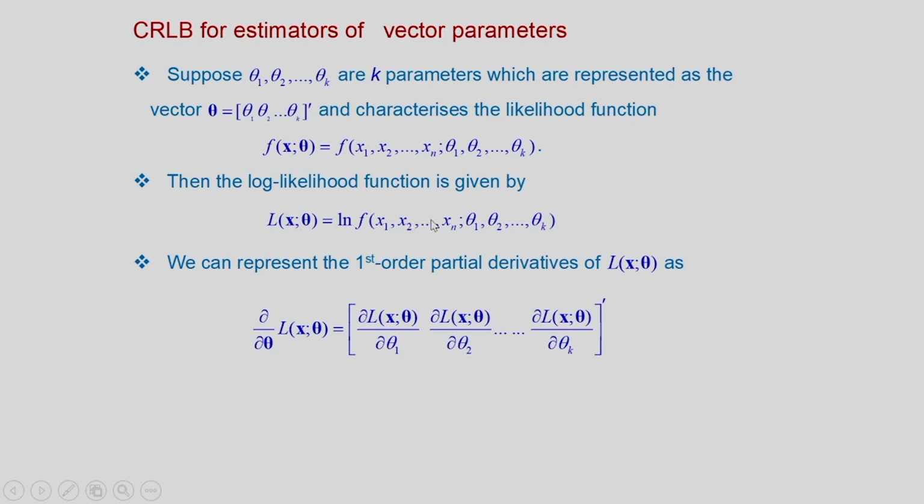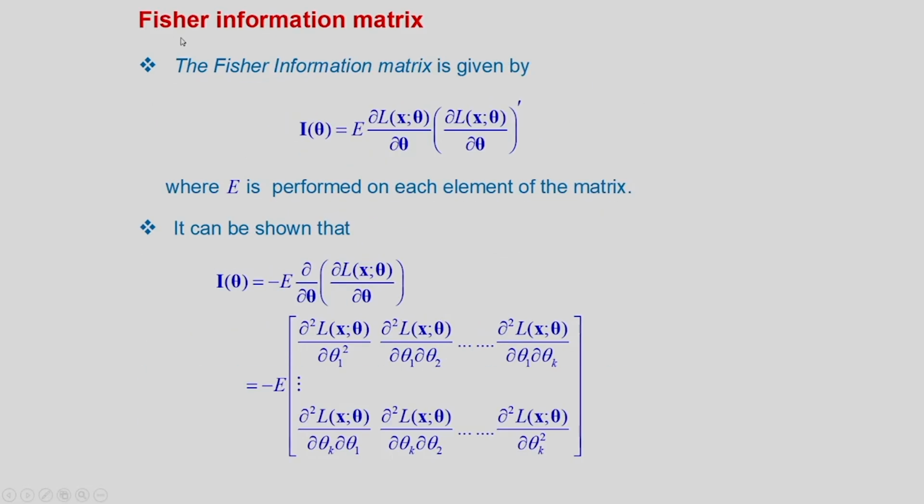Now, because it is a function of several variables, we can get the first order partial derivative vector. So, we can take del L del theta 1, del L del theta 2, like that. One column we can take, and this column is the vector representation for the first order derivative del L del theta. Fisher information matrix.